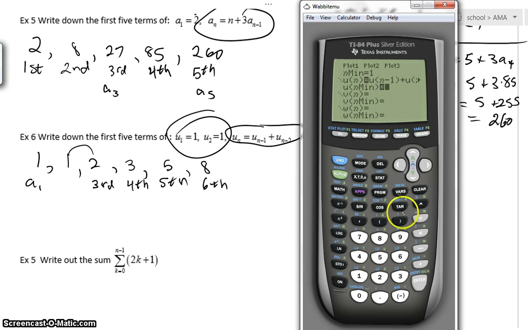Well, you're going to use brackets. Hit second, and then the left parenthesis, it's the button above the 8. You're going to have one bracket show up. And really, my first term is a 1, second term is a 1. This is going to sound kind of strange, but really you should be writing it backwards.